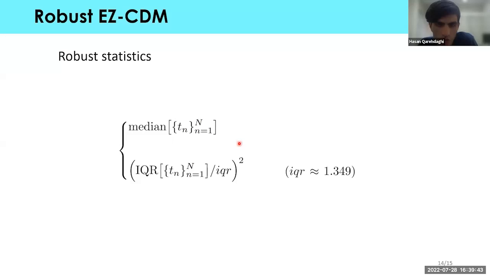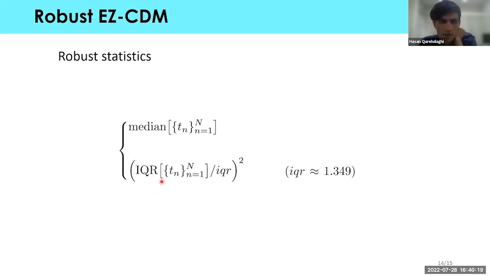So we tried to replace the mean and variance with other statistics of the data. If we suppose that our response time distribution is normal, we can think that the median is a good estimate for the mean of the distribution. Also, the interquartile range will be a constant factor of the standard deviation. So these two could replace the mean and variance statistics.